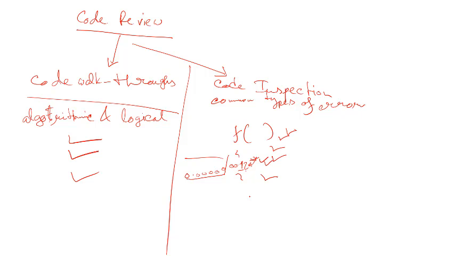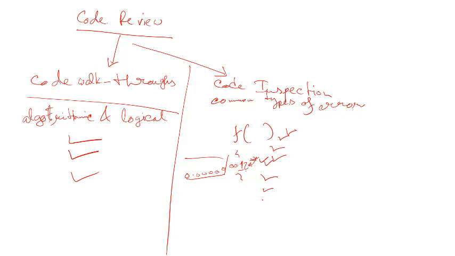Array indices out of bound, we have discussed this. Improper storage allocation and deallocation: you allocated so much storage, but you didn't deallocate it after using it, so that storage could be useful for some other program or variables.